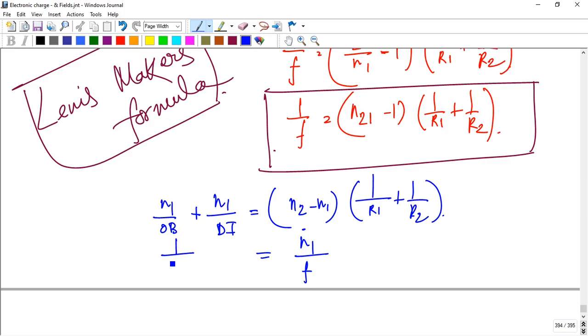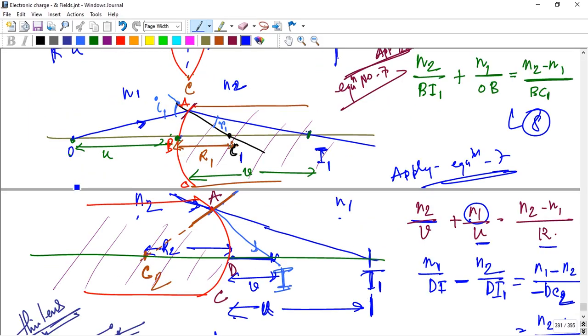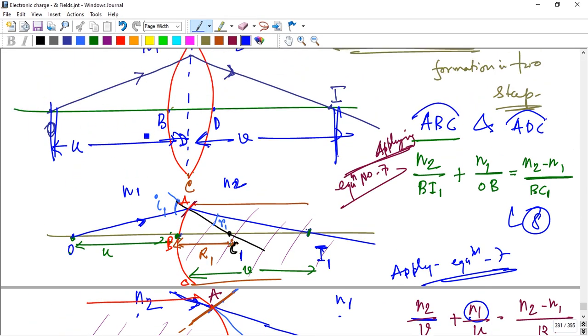Here OB means the object distance, and the object is on the left side, so that's why OB is minus.